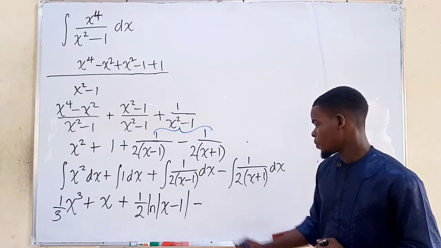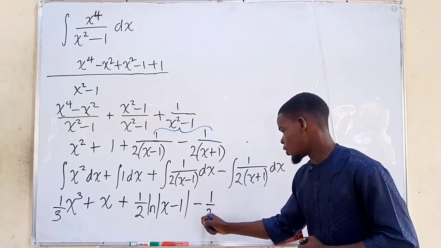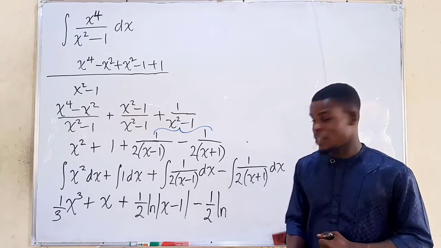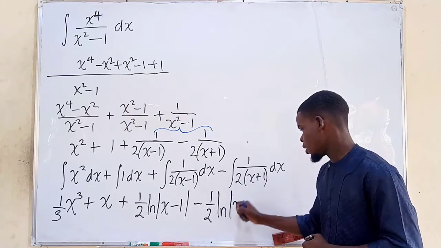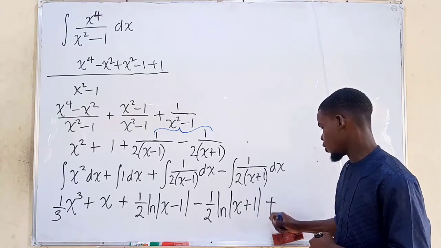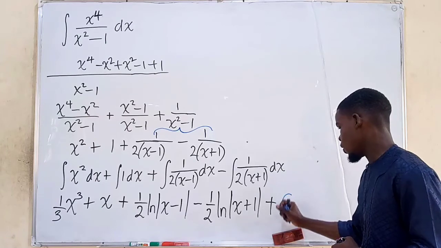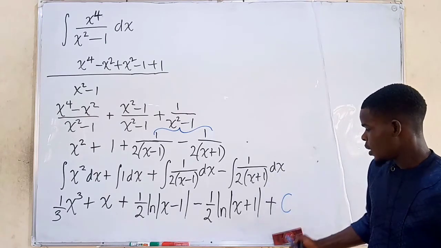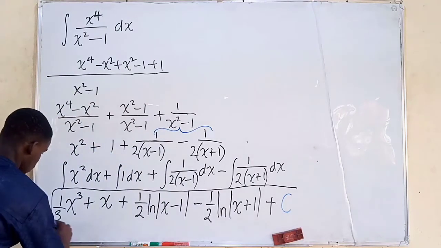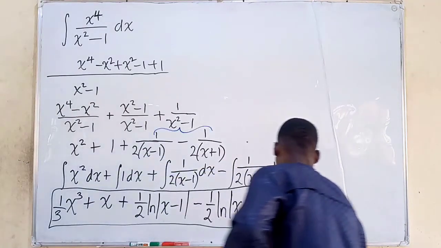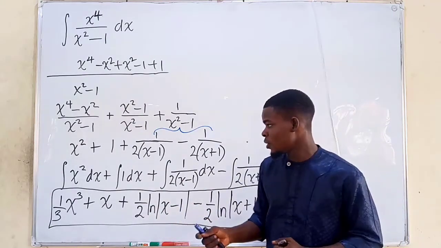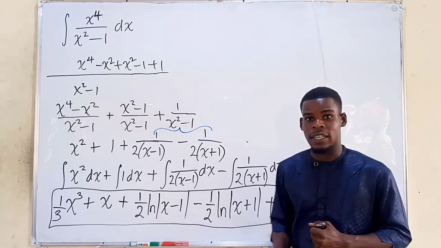And lastly, we're going to have minus 1/2 times the natural logarithm of the absolute value of x plus 1. Good. And we are done integrating, so we can add an arbitrary constant. And the whole of this is the antiderivative of that function we were given. That is just by resolving it to a mixed fraction, and then taking the integral of each of those.